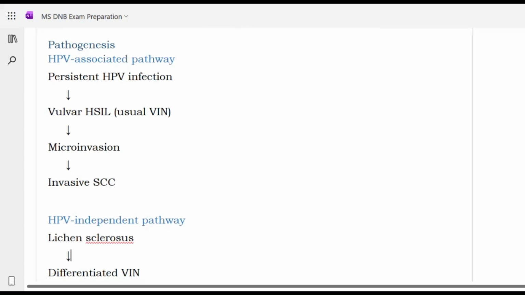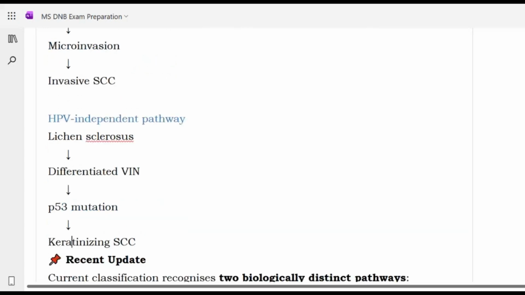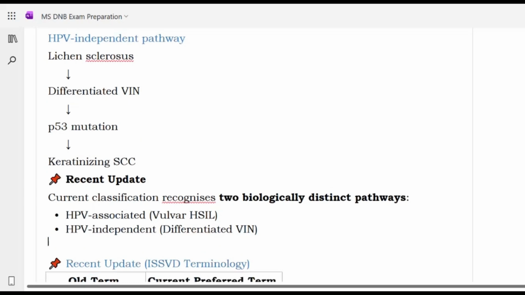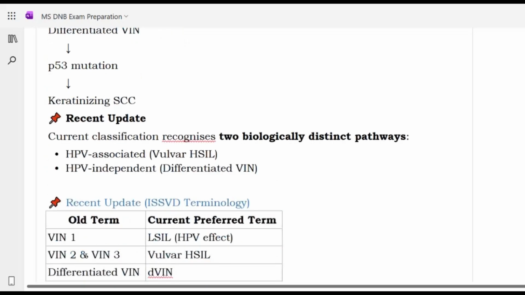Second is the HPV independent pathway that is associated with Lichen sclerosis. It leads to differentiated VIN. So the VIN which is associated with Lichen sclerosis is called dVIN or differentiated VIN, and this is associated with P53 mutation. Typically, histopathologically it is a keratinizing squamous cell carcinoma, while the one associated with HPV was Warty and basaloid squamous cell carcinoma.